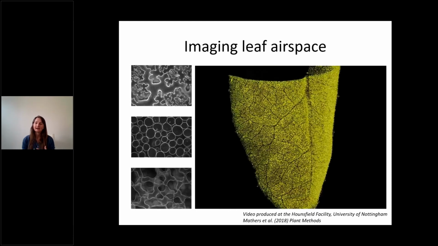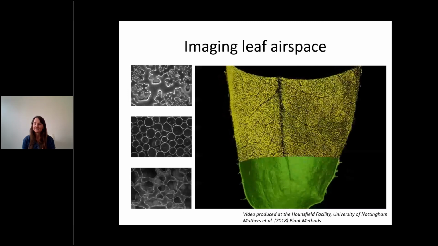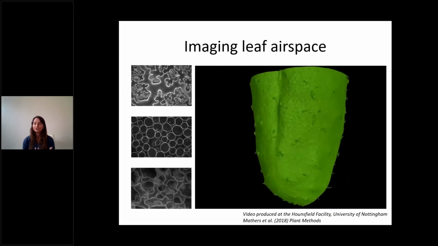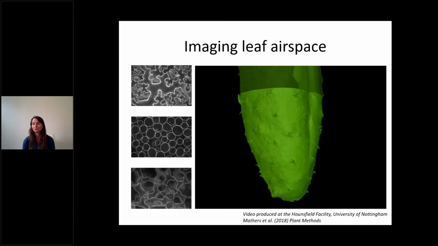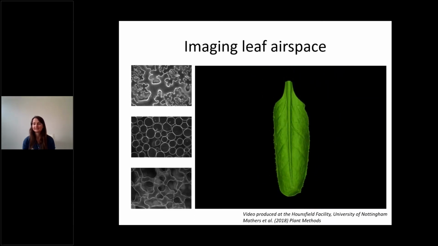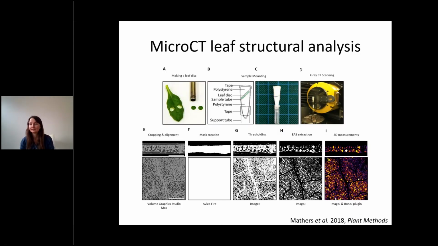By scanning leaves in this way, we're able to very quickly access a hugely detailed amount of quantitative information about the structure of the leaf, and to assess many of the different parameters that I've described that influence the overall leaf structure. We published a method in 2018 to describe how we do this.